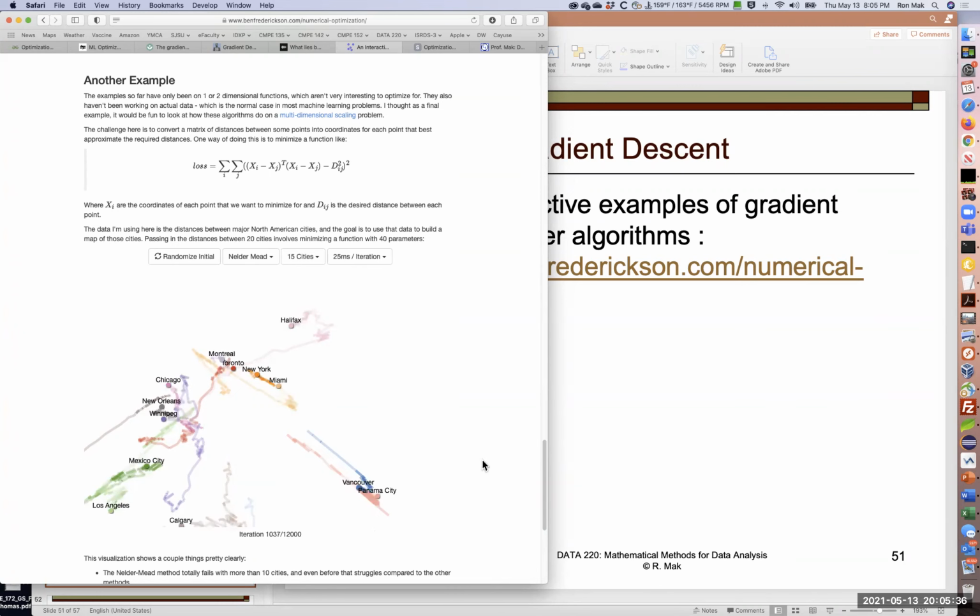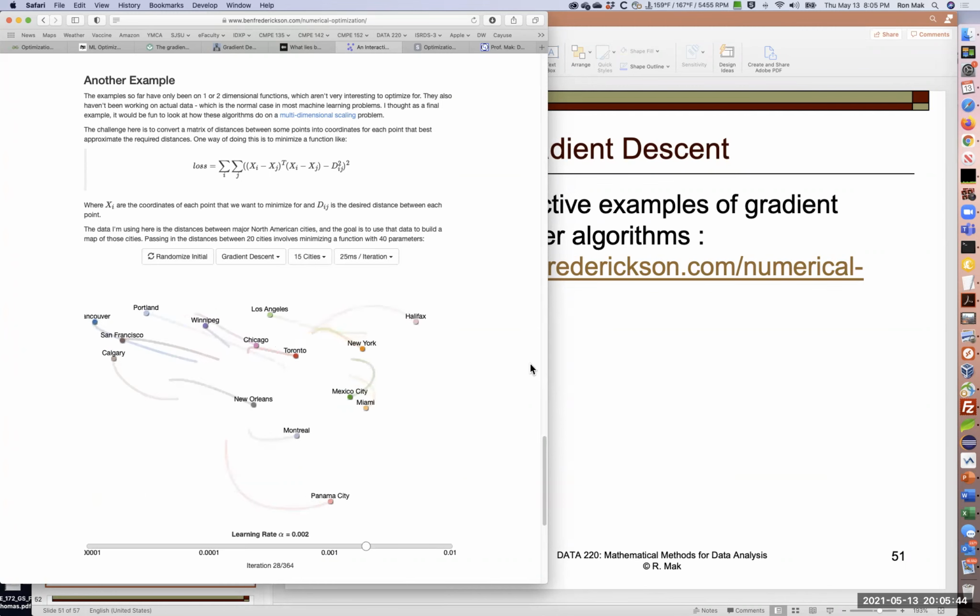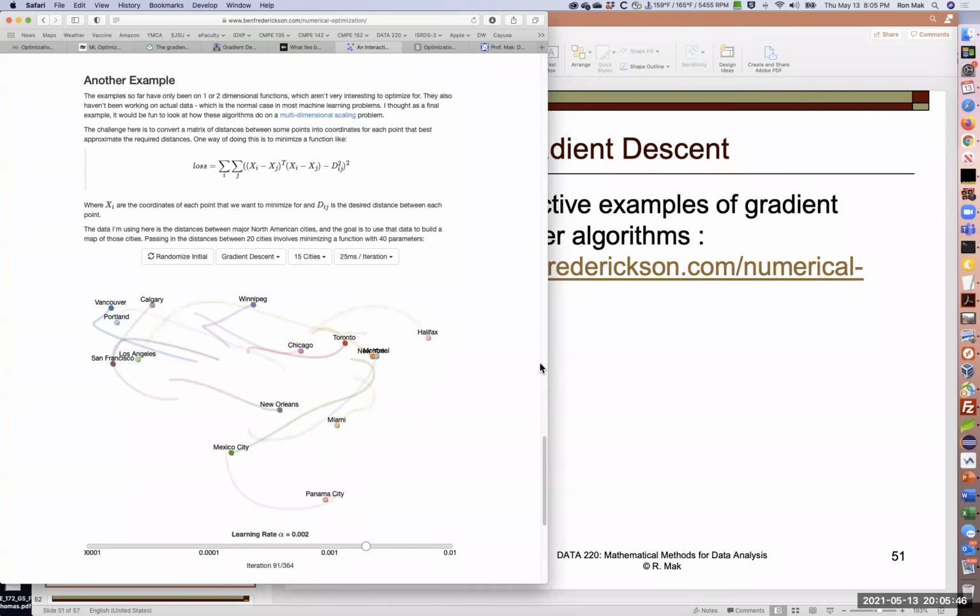Okay, so we won't use Nelder-Mead. Now how about we use gradient descent? Okay, wow. See, it put all the cities in the right place, and so this arrangement of cities minimizes the errors in the distances.